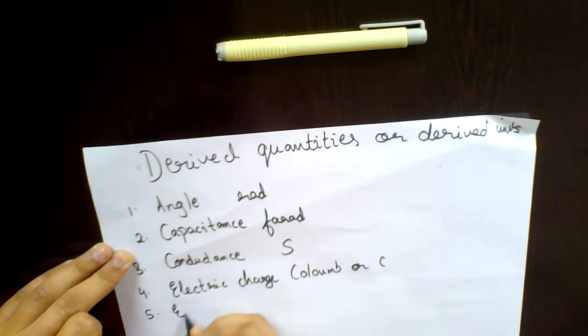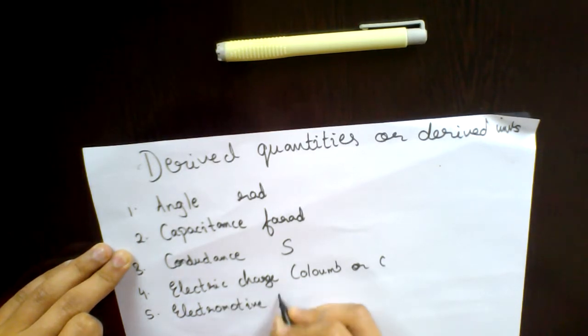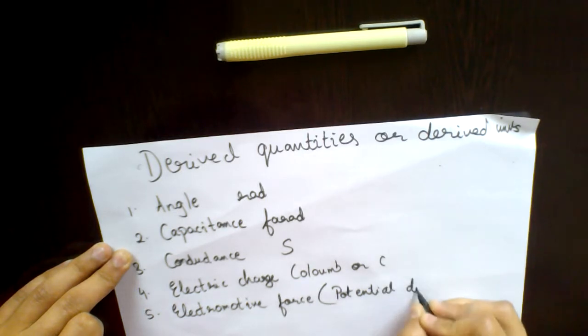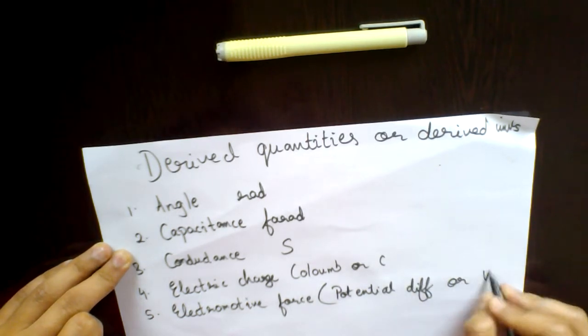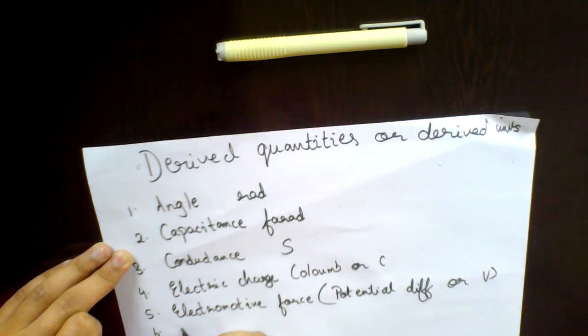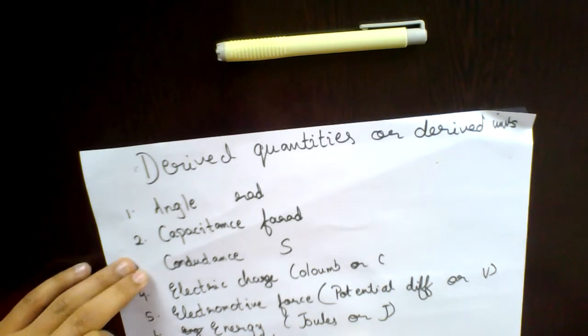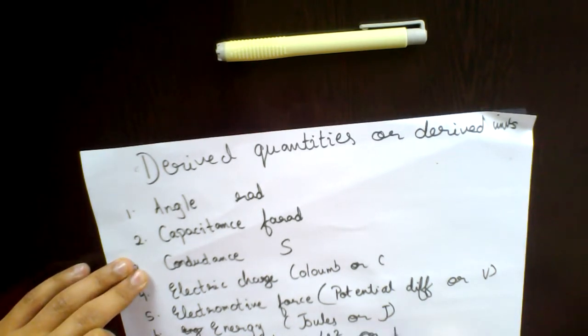You have the electromotive force. Unit is given in potential difference, or V. Then you have the energy expressed in joules, or J. You have force, which is expressed in kilogram meter per second square, or Newton.